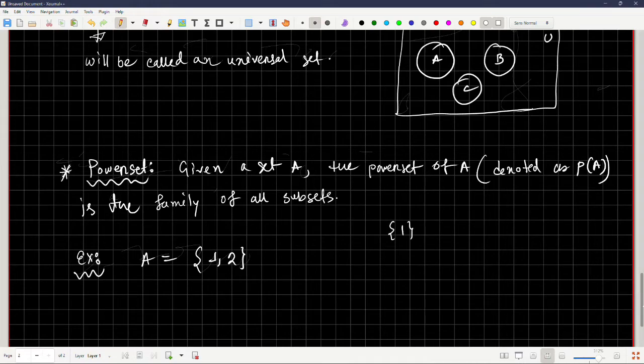One is just 1, the other one is 2, the other one is 1 comma 2, and the last one is the null set. And if you take their collection, this is just your power set, and it contains all the possible subsets of A. Proper or improper really doesn't matter. This is your power set, the collection of all the possible subsets of A.